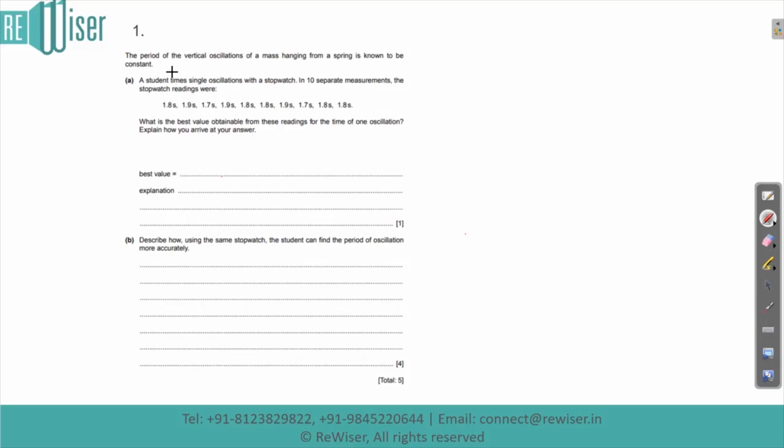We can find out the mean, which is 1.8 plus 1.9 plus 1.7 plus 1.9 plus 1.8 plus 1.8 plus 1.9 plus 1.7 plus 1.8 plus 1.8, divided by 10. We get the mean to be 1.81 seconds.